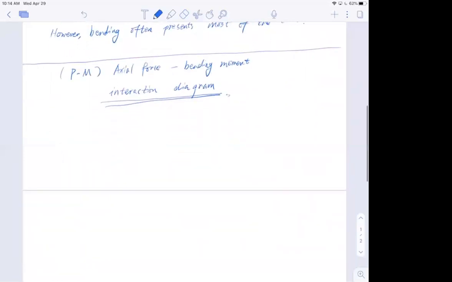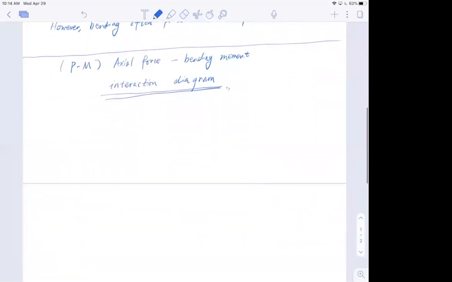Right? So first of all, before we go there, let's do a basic stress analysis.